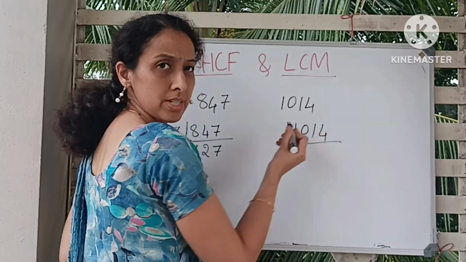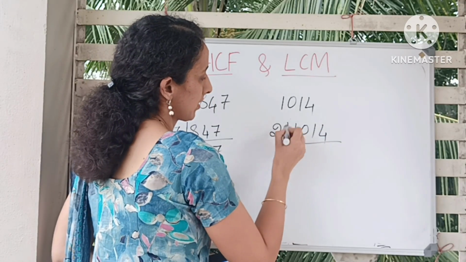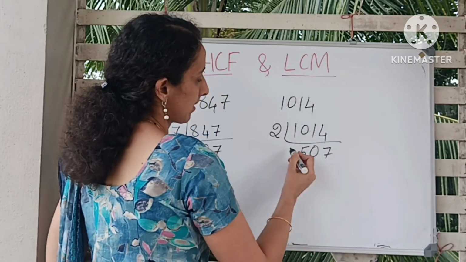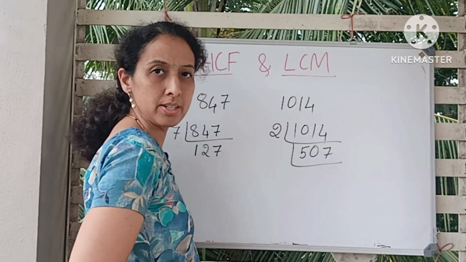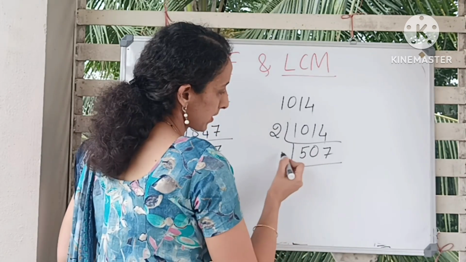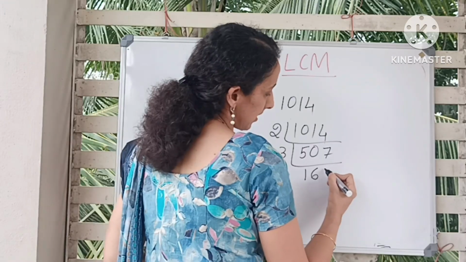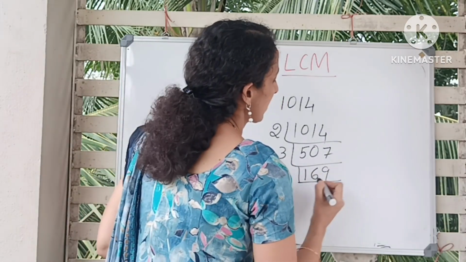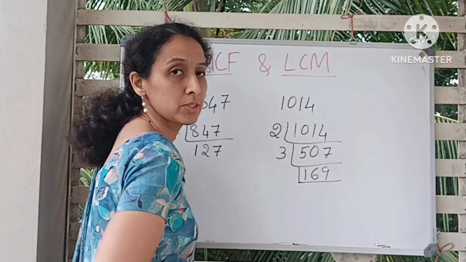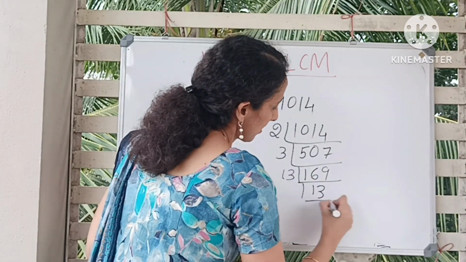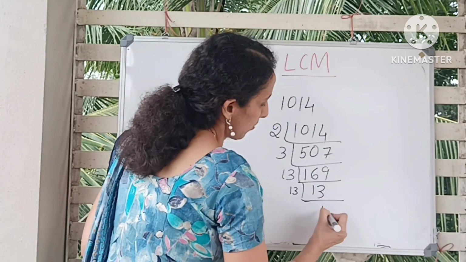Let's go to this. We see that this is an even number, so we can divide it by 2. 5 is a 0 and 7 here, and 5 plus 7 is 12, so it is divisible by 3. 3 ones are 20, 3 sixes are 18, and here we have 9. 169, I know that 13 square is 169, that's why I'll divide by 13. 13, and here 13 ones are 13.